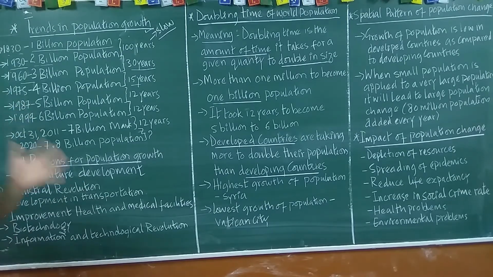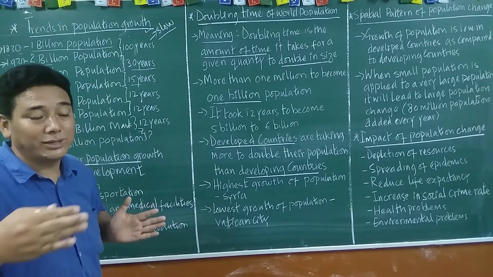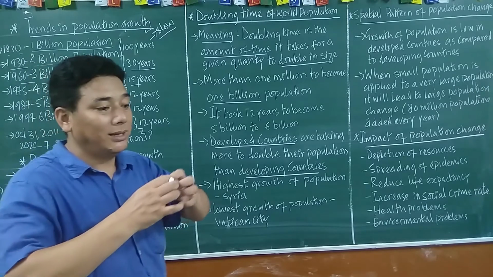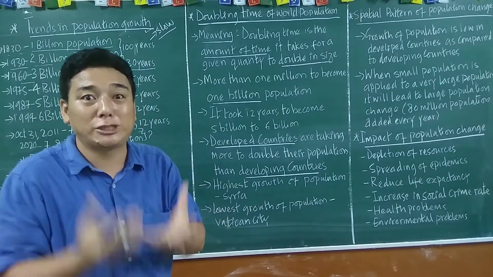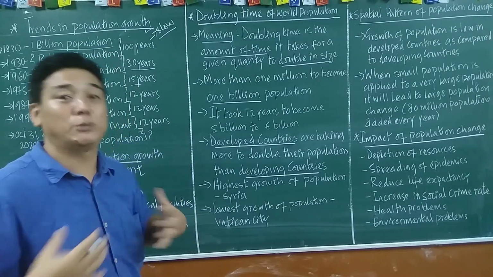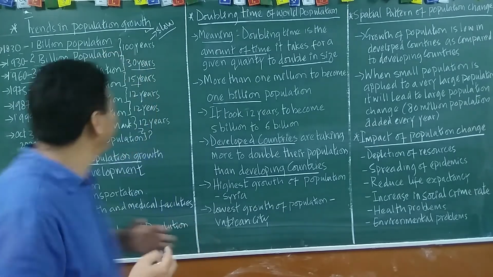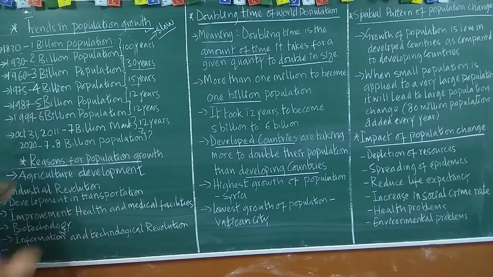Even during 1975, in India and in the world, the population was increasing, and because of that, many people have described it as a population explosion. Population is exploding. In 1987, the world population was 5 billion.